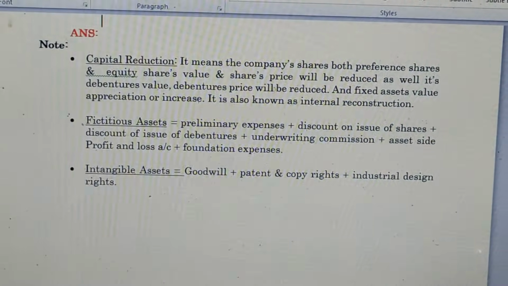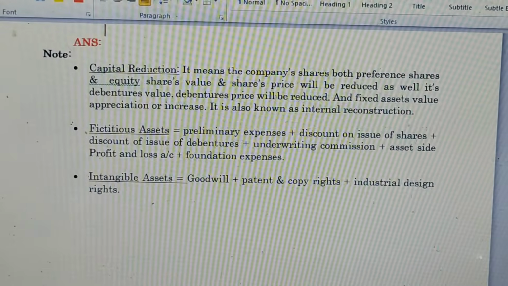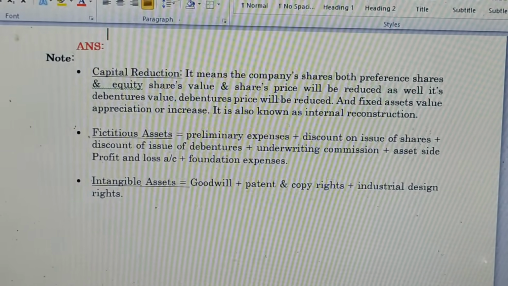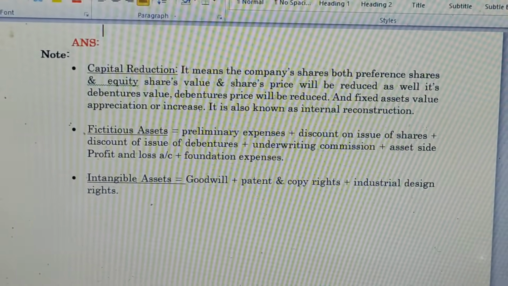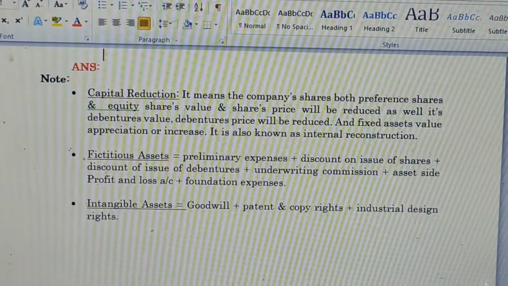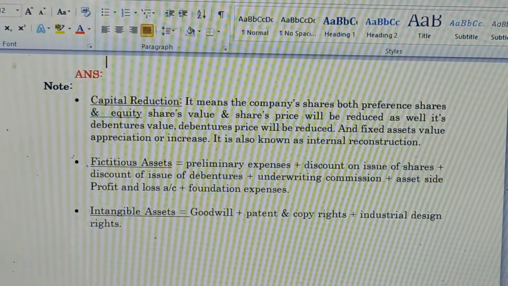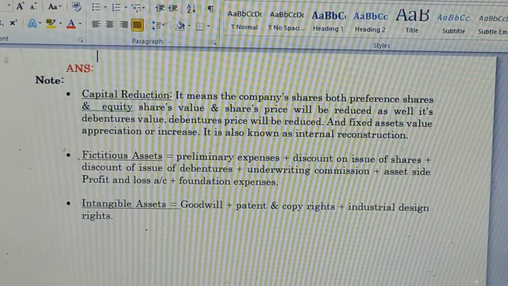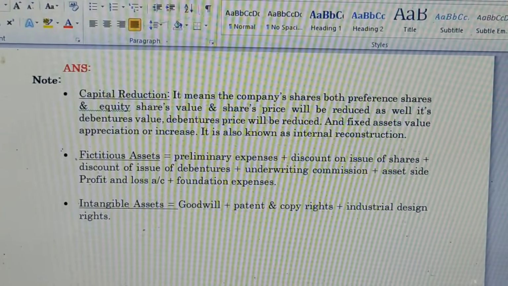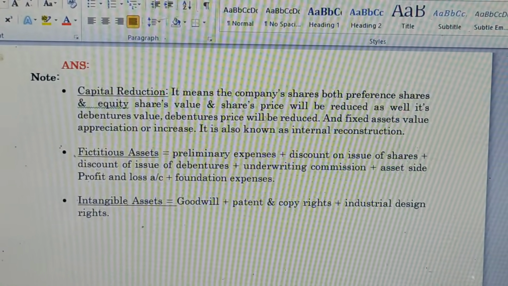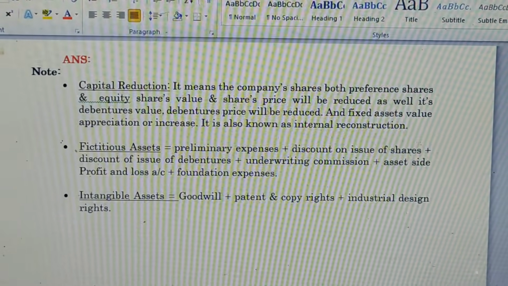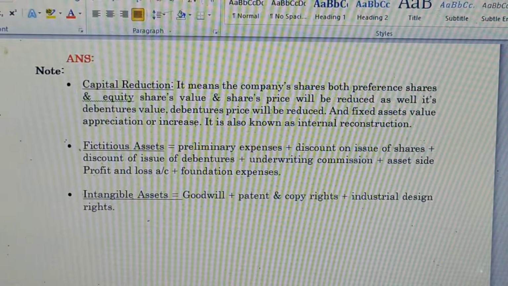It means the company's shares, both preference shares and equity shares, value and share price will be reduced, as well as its debentures value. And fixed assets value is written off. It is also known as internal reconstruction.